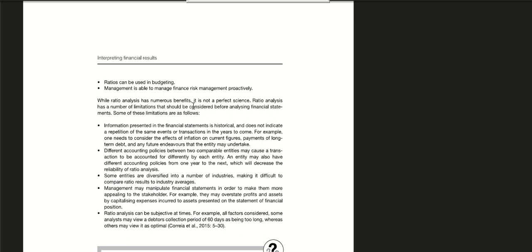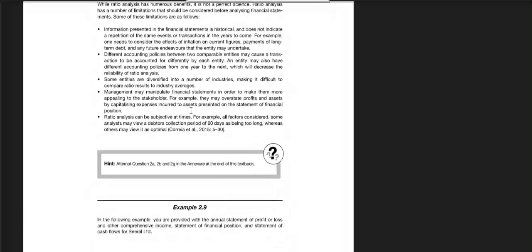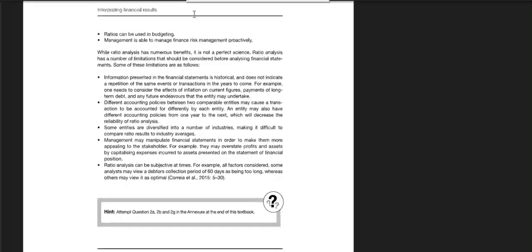The ratio analysis also has a number of limitations, and they are here on page 60. You can see the limitations, right? Companies can have different accounting policies, and so it's difficult to make the comparison. And some entities might be diversified in a number of industries.